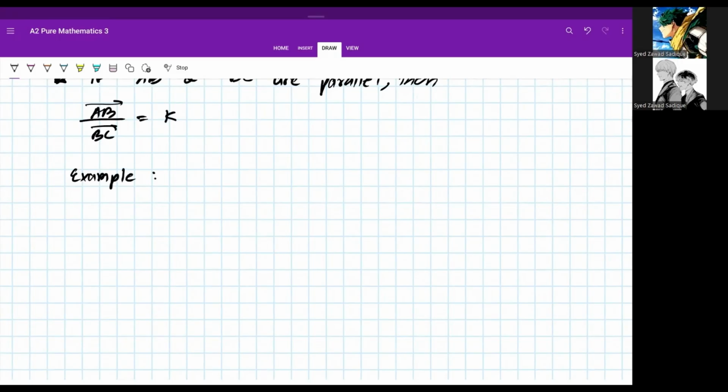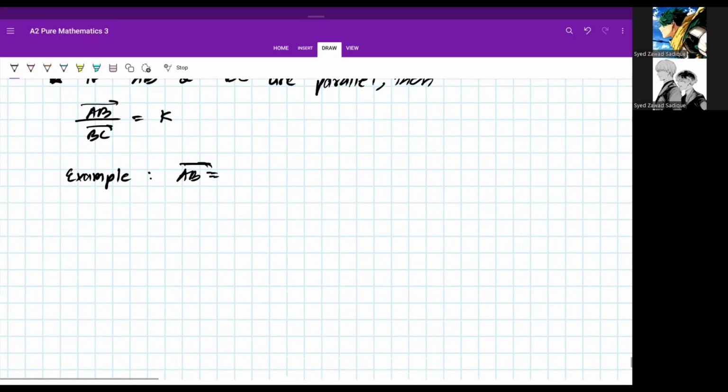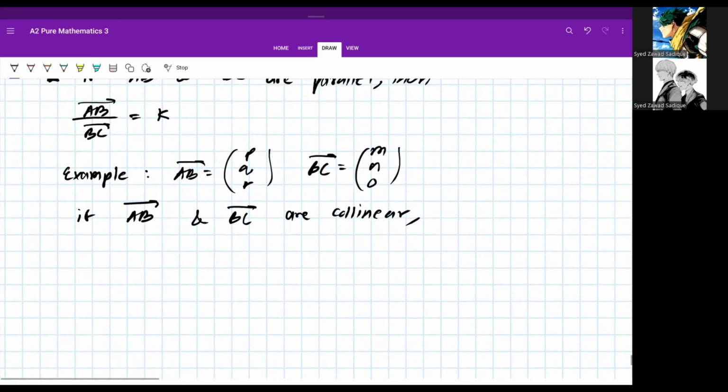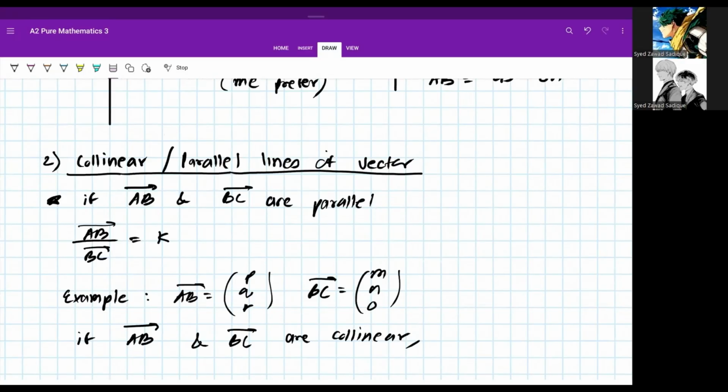Example: AB is equal to (P, Q, R) and BC is equal to (M, N, O). If AB and BC are collinear, then, I should add something: parallel or collinear.